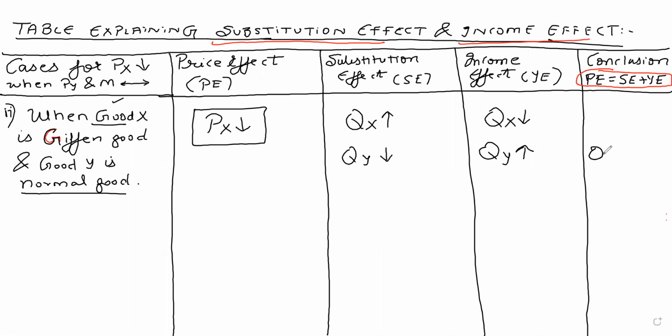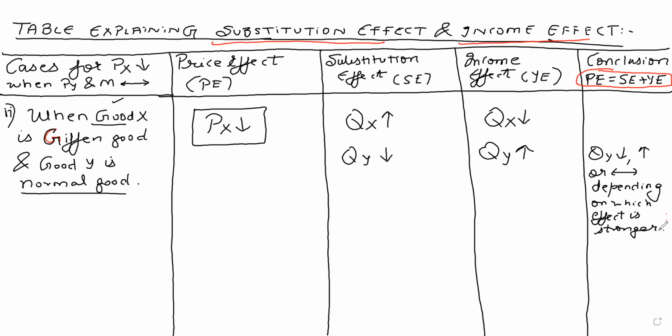So QY will fall, rise, or remain constant depending on which effect is stronger. And we are not much interested in QY. When the price of good X changes, we are more interested in looking at good X.